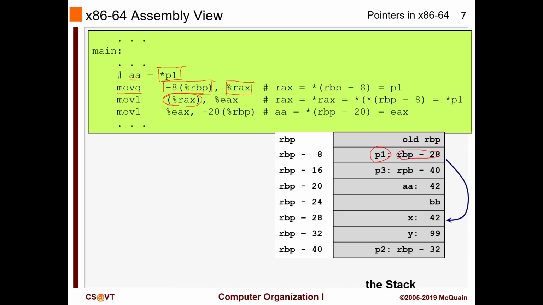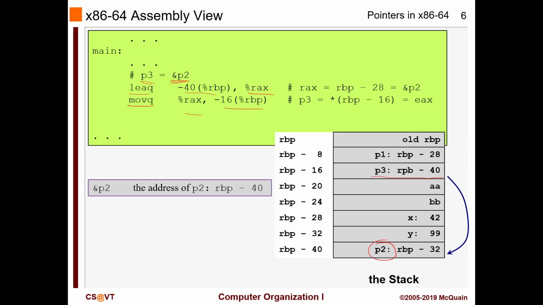So by doing this command over here, we are telling our OS that I want whatever is being pointed to by RBP minus 28, which is this place, and this place actually points over here.